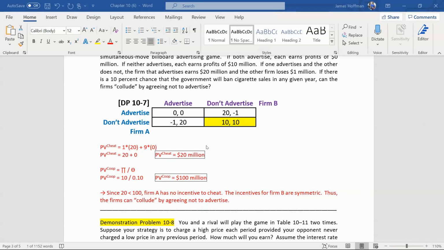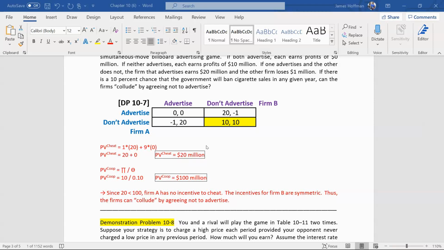Okay, so if you look at the chart, 1 divided by theta is the expected number of times that the game is going to be played. So if your theta changes, then your expected number of times to play the game changes. But you can probably see that if there's a 10% chance the game ends, then the most likely scenario is that you play the game 10 times, and then that's the expectation. Alright, so another way to do that is simply just 1 divided by theta. So 1 divided by 10% or 1 divided by 0.10 is just the number of times, 10, that you think this game will go on.